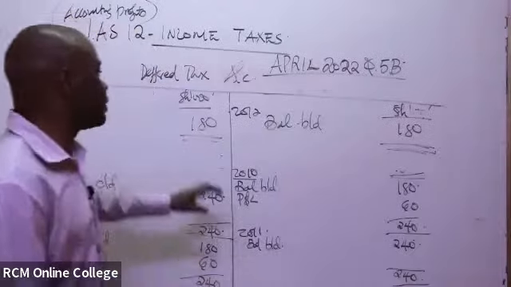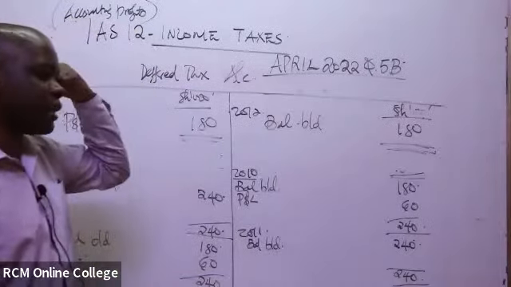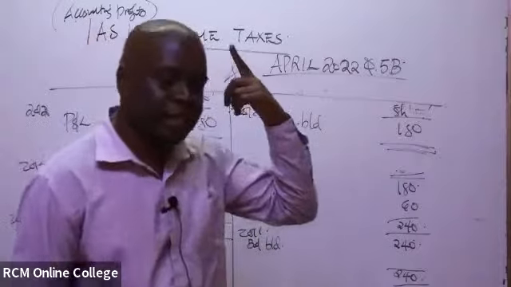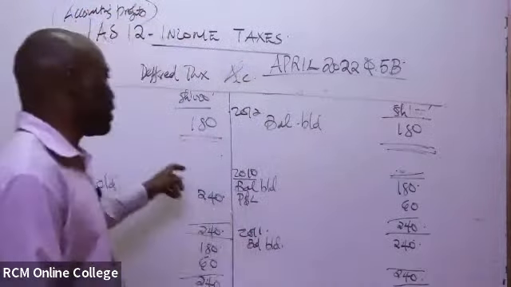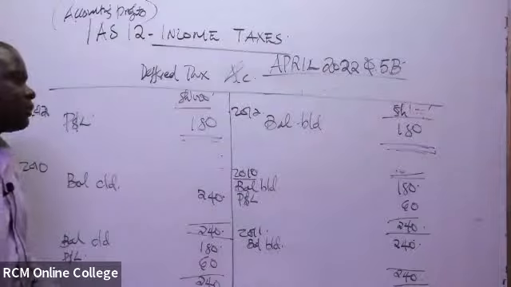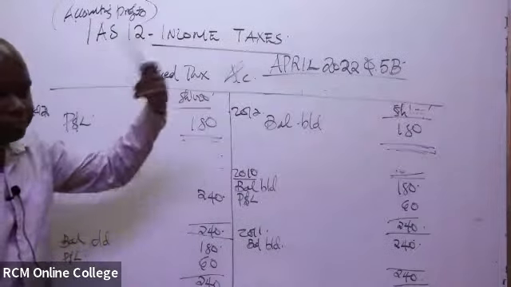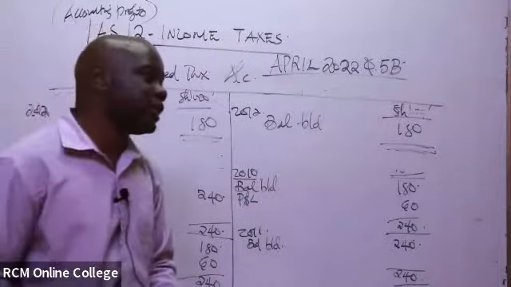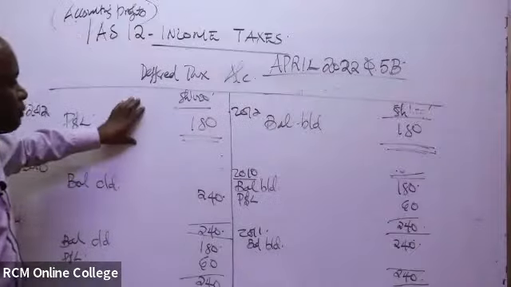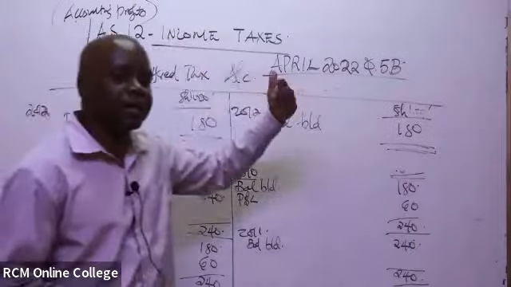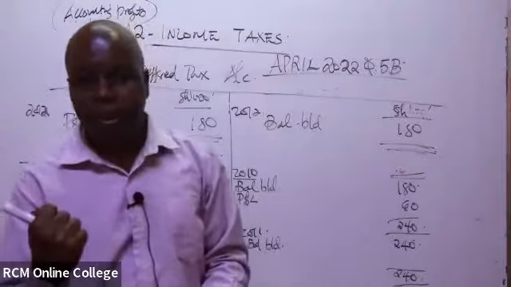So if you're debiting this account, you need to ask yourself, which other one is being credited? It is the P&L account, which is here. So the difference we close in the P&L account. If there is a debit entry here, then in the P&L account it will be a credit entry.